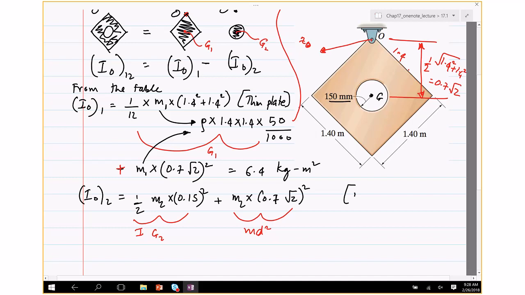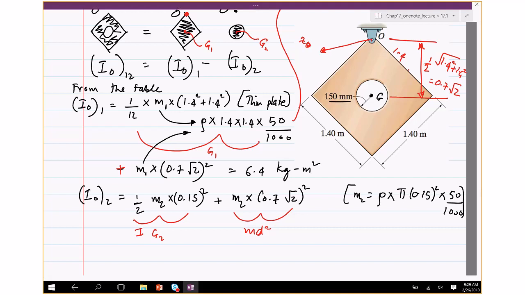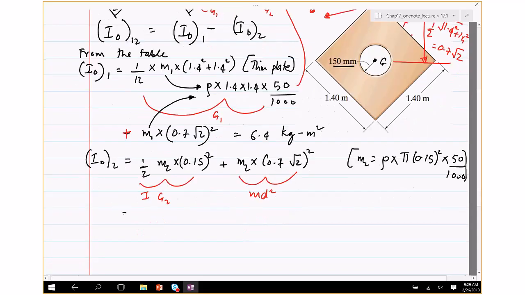So M2 is the density times the area, which is pi times r squared, times the thickness, which is 50 divided by 1000. Okay, plugging in these values, so everything is known here. The plugging in gives me 0.175.